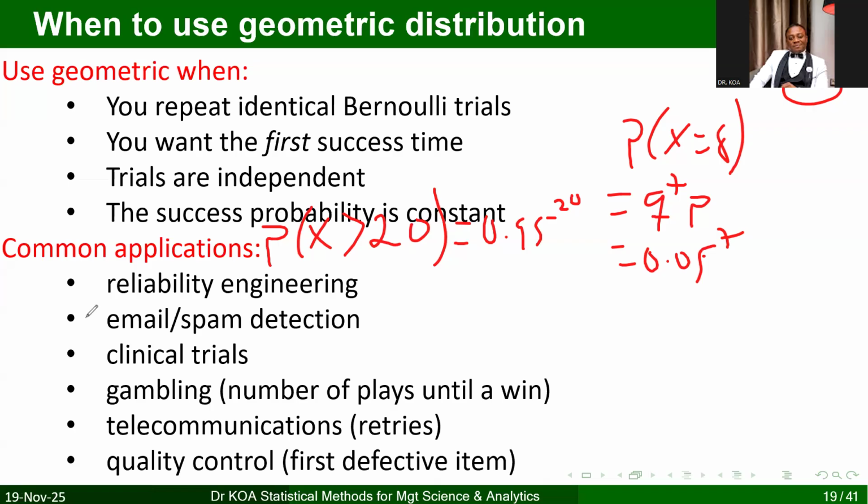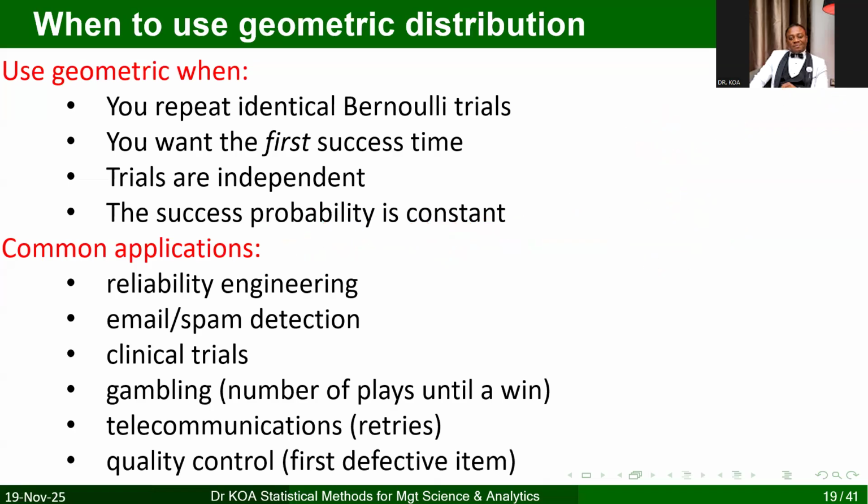You use geometric distribution when you are repeating identical Bernoulli trials, when you want the first success time, when the trials are independent and the probability of success is constant. Applications are engineering, email spam detection, clinical trials, gambling, telecom, quality control. All of these are where you can apply such geometric distribution.